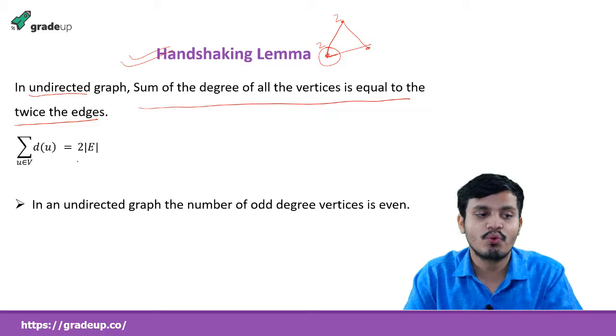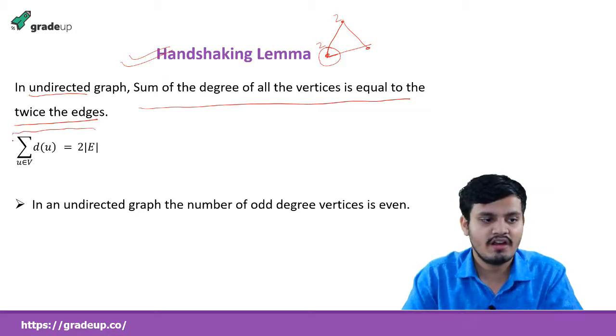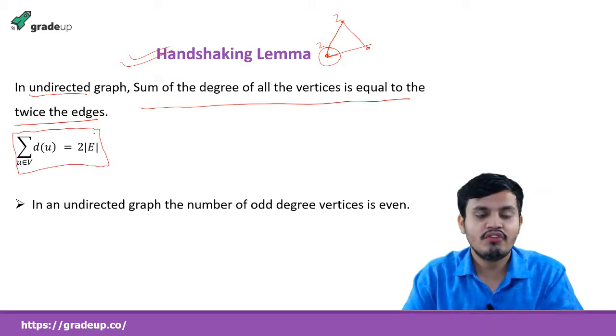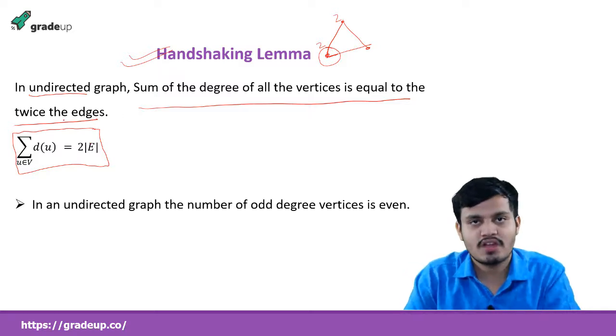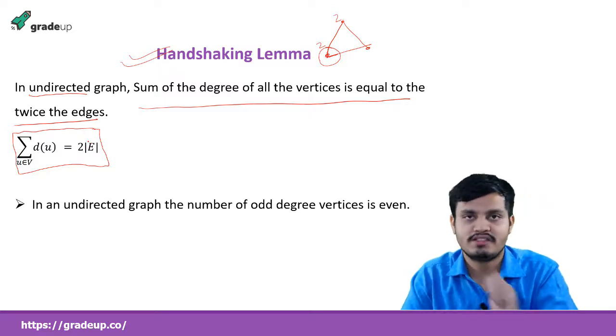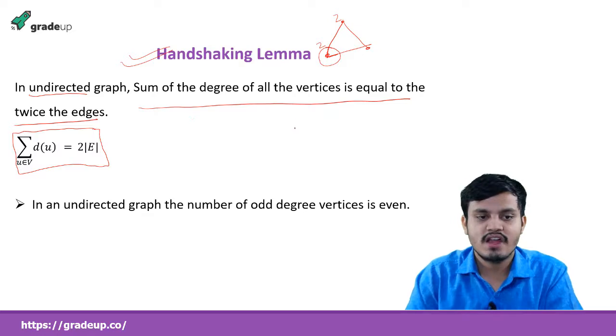How can you prove that? It is very intuitive. Try to prove why it is so: the sum of the degrees of all the vertices is equal to twice the edges. Suppose I draw one graph like this.